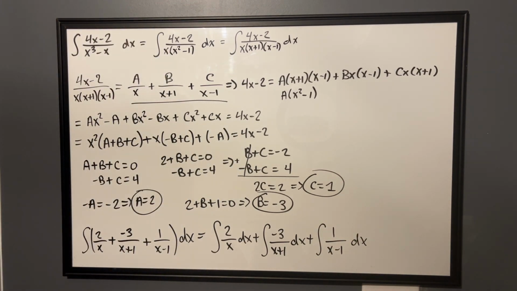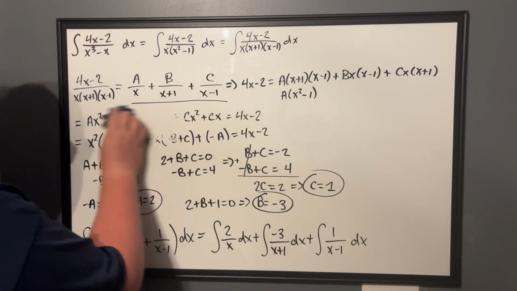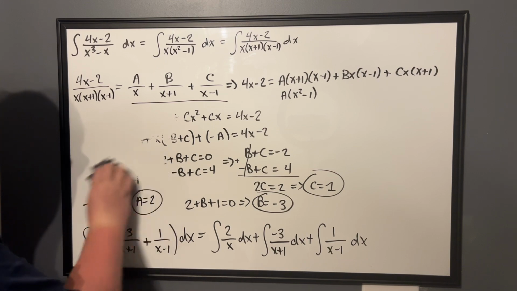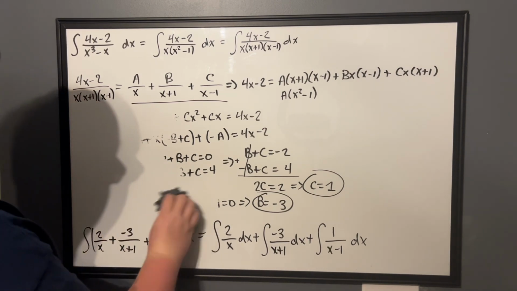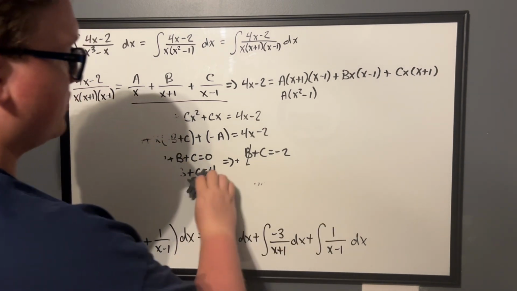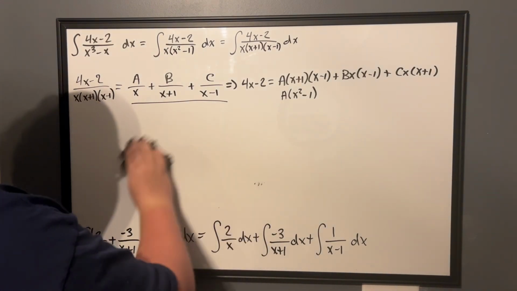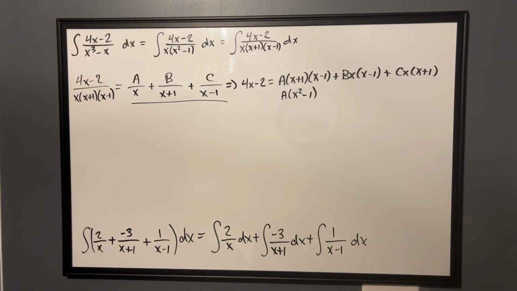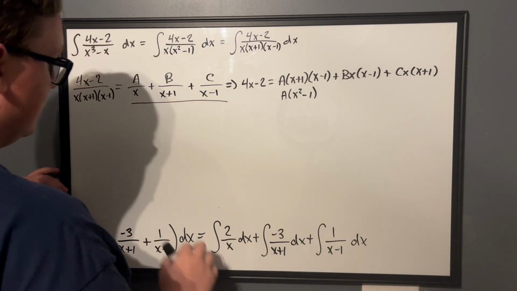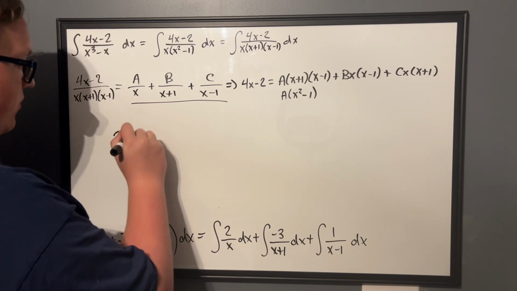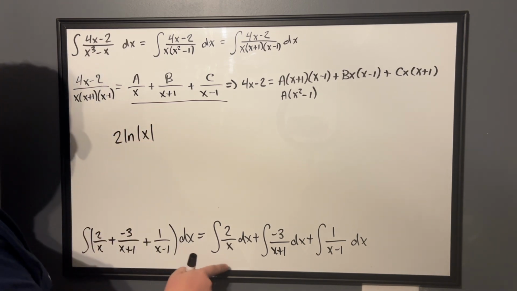Now you can evaluate this in any way that you like. The easiest way is probably to do a u sub. But the nice thing about this one is that the u sub is just going to give us a du that's equal to 1, so it doesn't actually affect anything. And these are all integrals that we can evaluate as natural log functions. So the integral of 2 over x is going to be 2 times the natural log of the absolute value of x.